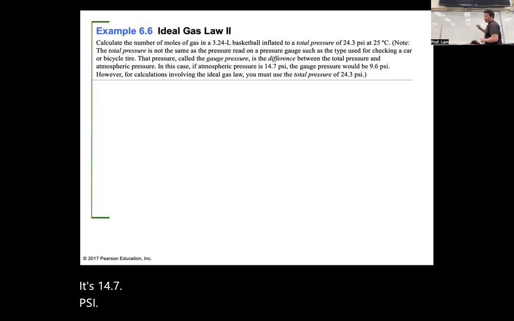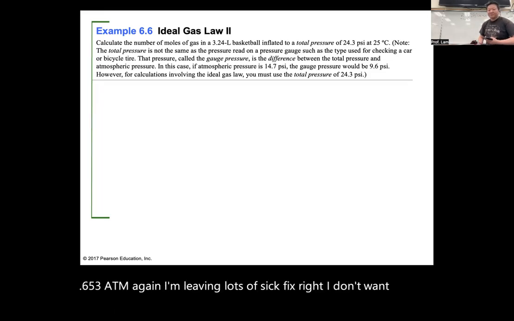And so that would be 1.653 atm. Again, I'm leaving lots of sig figs because I don't want any rounding errors.